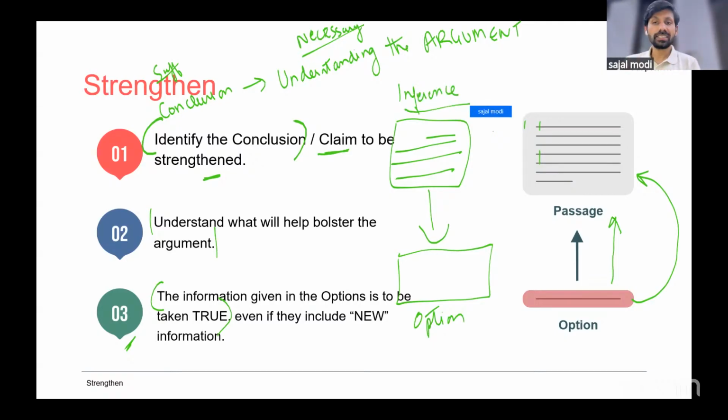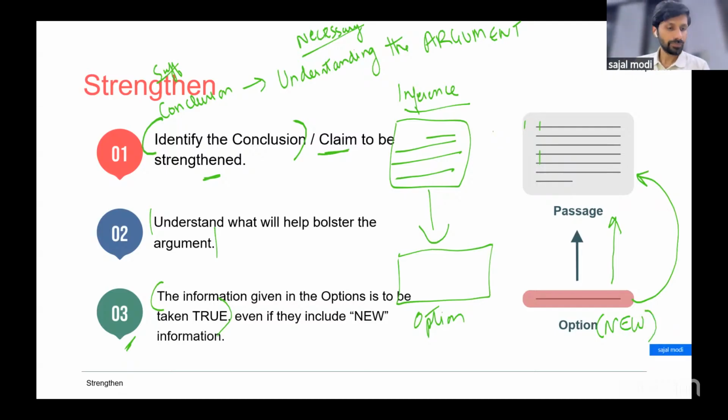Inference, the option is getting support from the passage. The option follows from the information in the passage. Strengthen, the option provides support to the argument, right? And this option will have something new information to support the argument, right, everyone?